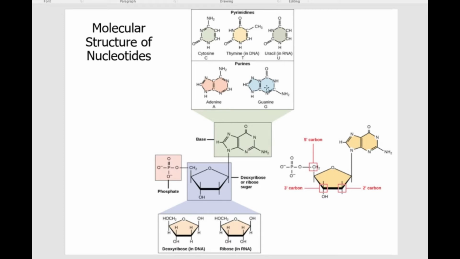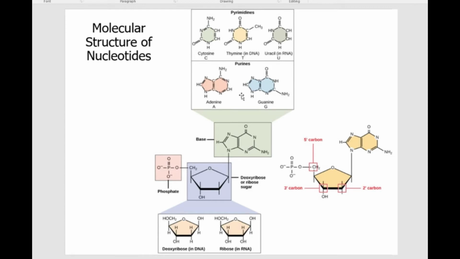Okay. Now, there are 2 classes of nitrogenous bases, 2 groups. The first one is called pyrimidines. That includes cytosine, which is usually represented by C, and you have thymine T, uracil U. And then purines, there are only 2, adenine and guanine, A and G. So you need to know which one's a purine, which one's a pyrimidine.